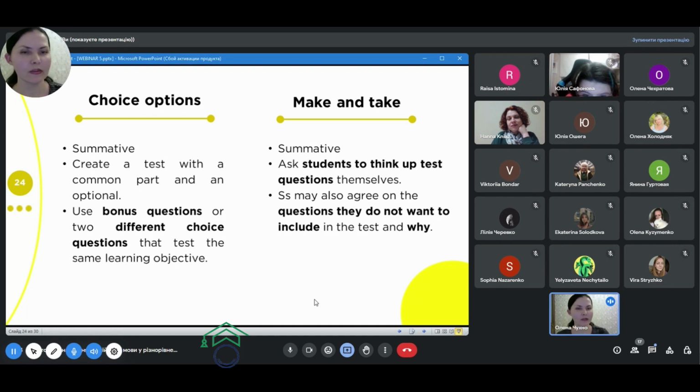So the questions they wouldn't like to answer in the test. And you should ask them to say why they don't want to answer these questions. So by discussing the questions that they do not like, they will actually learn this material much better than the questions that they like. So it's a good idea.